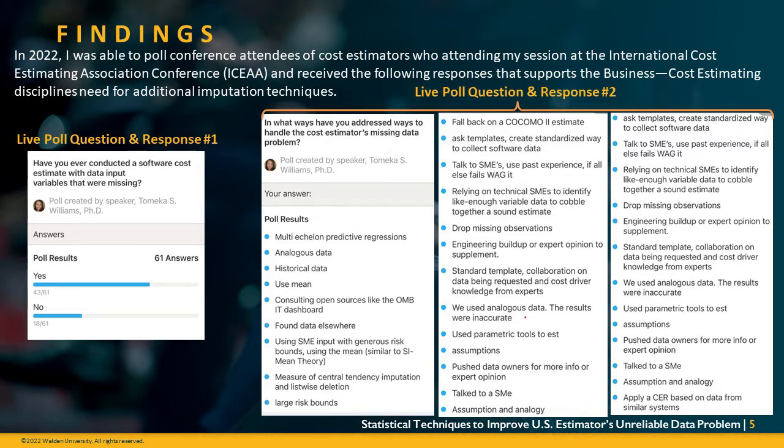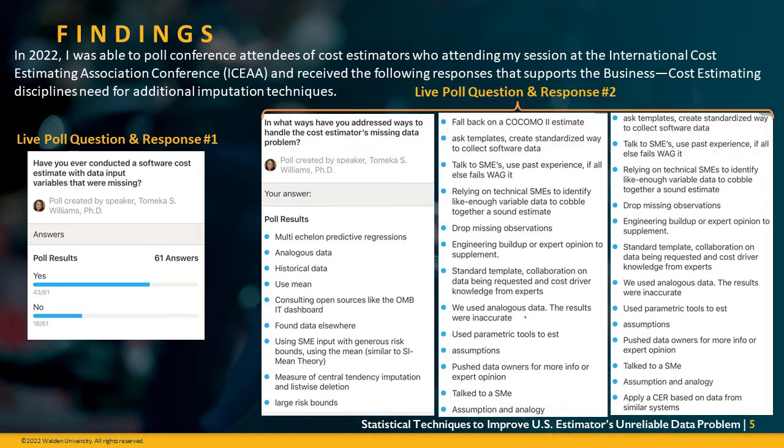I asked, have you ever conducted software cost estimates with data input variables that were missing? 43% of my folks, or at least 43 out of the 61, let me not lie, said yes. Then I asked, how do you typically handle the problem? You can see we have some other areas there, like multi-echelon predictive regressions as an approach.